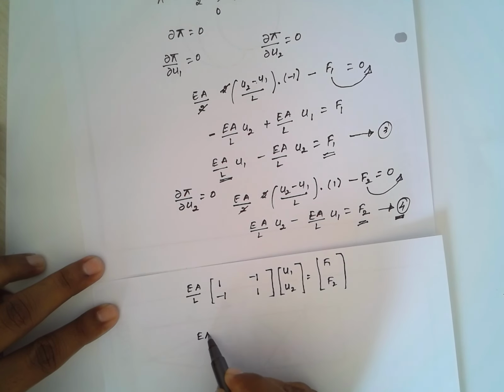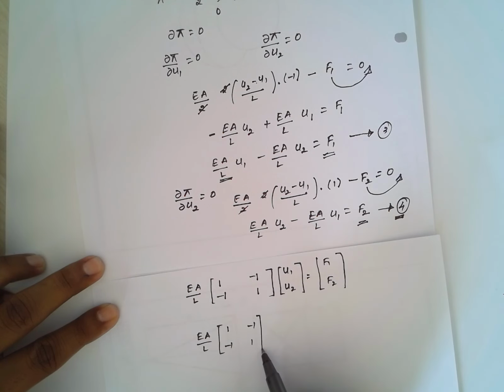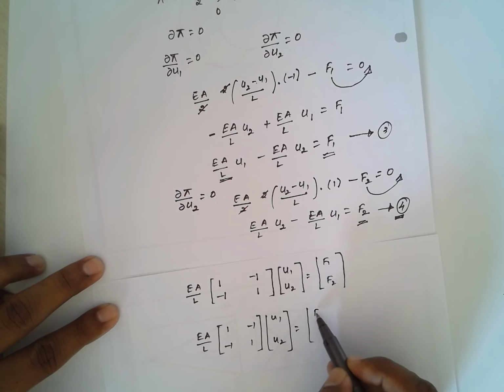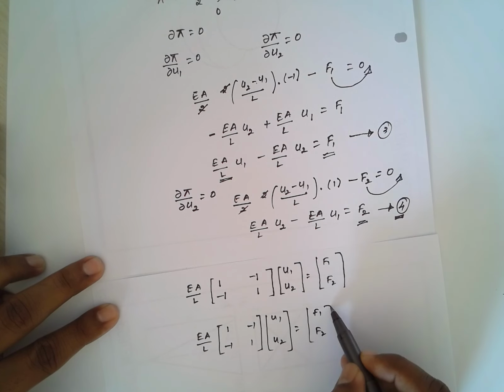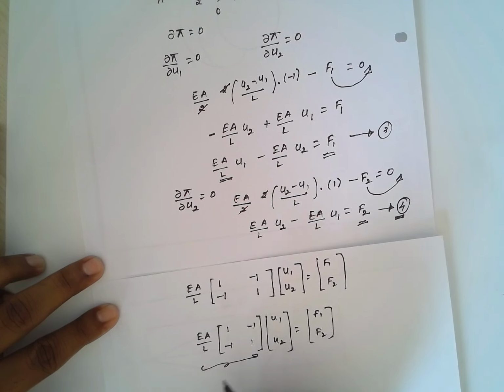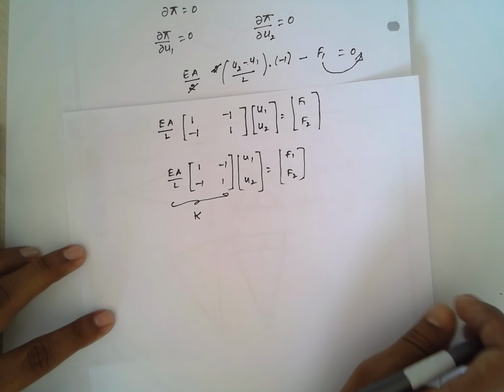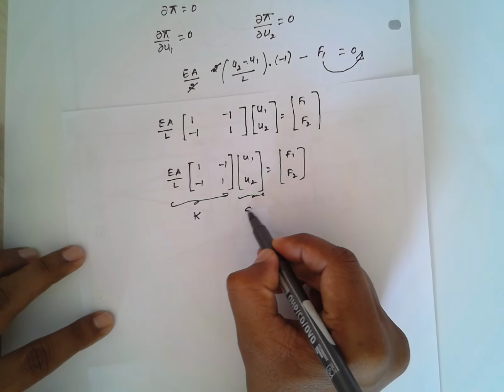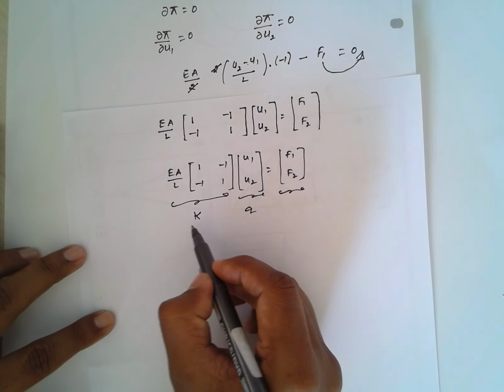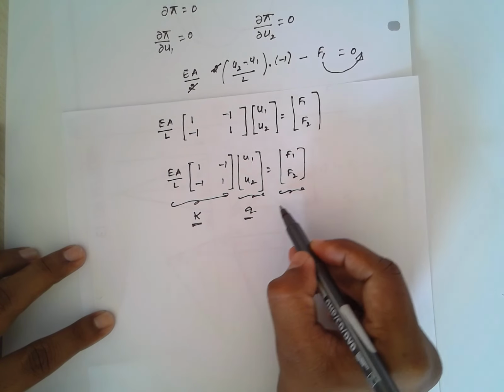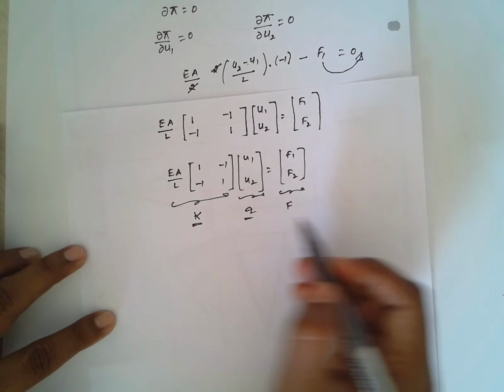Now this is the element stiffness matrix: EA by L times [+1, -1; -1, +1] into U1, U2, which are nodal displacements, equals F1, F2. This particular thing is called the K matrix, this is called the Q matrix, nodal displacement, and this is the nodal force vector.